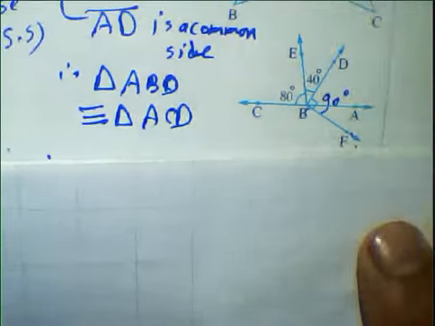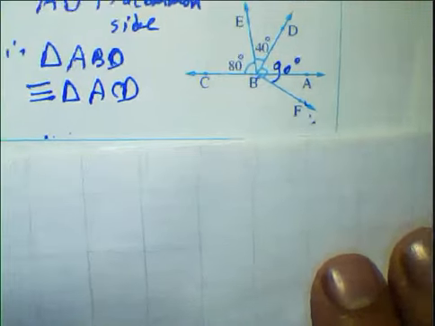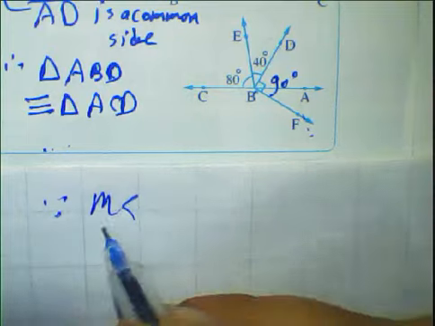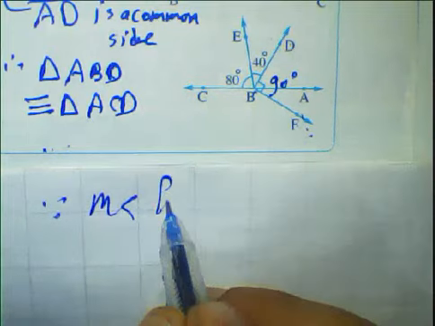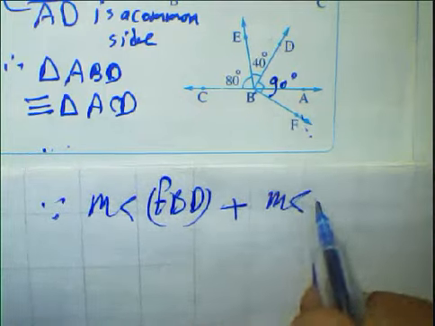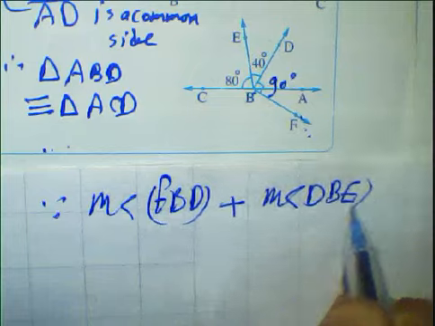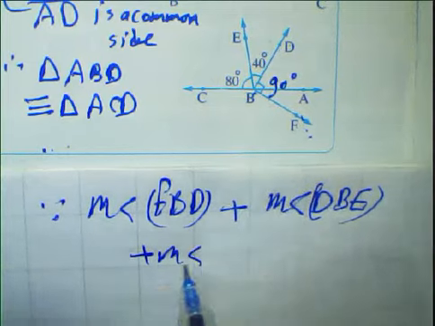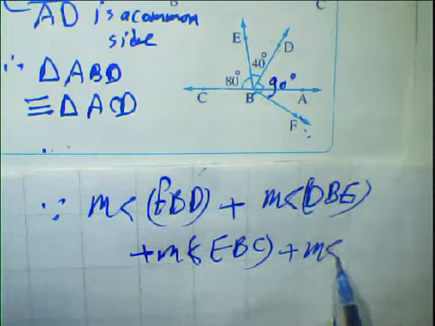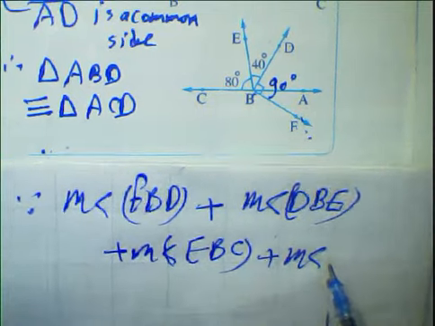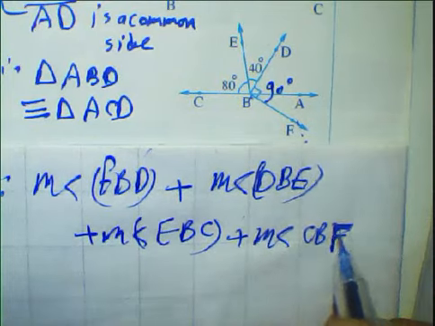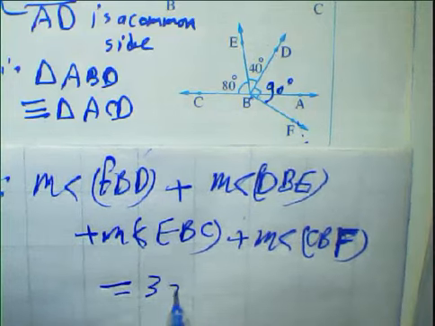Okay, look at with me about the steps here. I will write: such that the measure of angle FBD plus the measure of angle DBE plus the measure of angle EBC plus the measure of angle CBF, the sum of them equals 360 degrees.